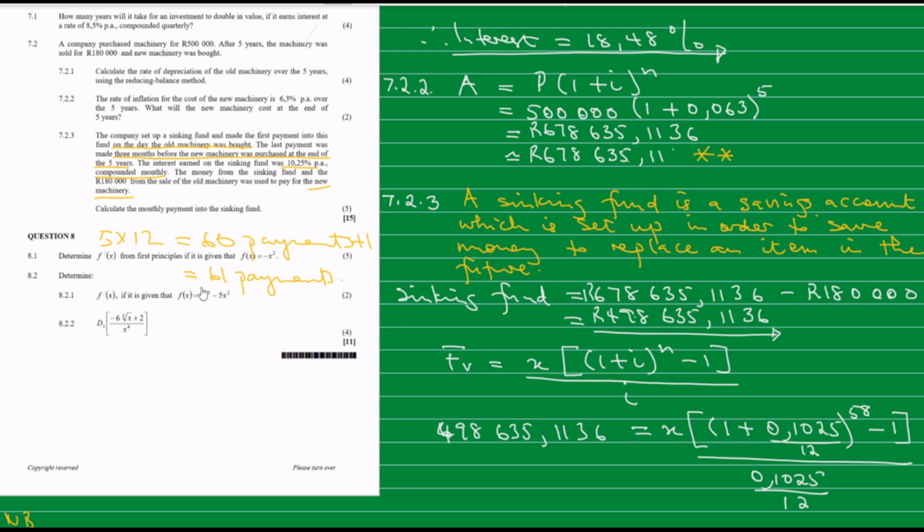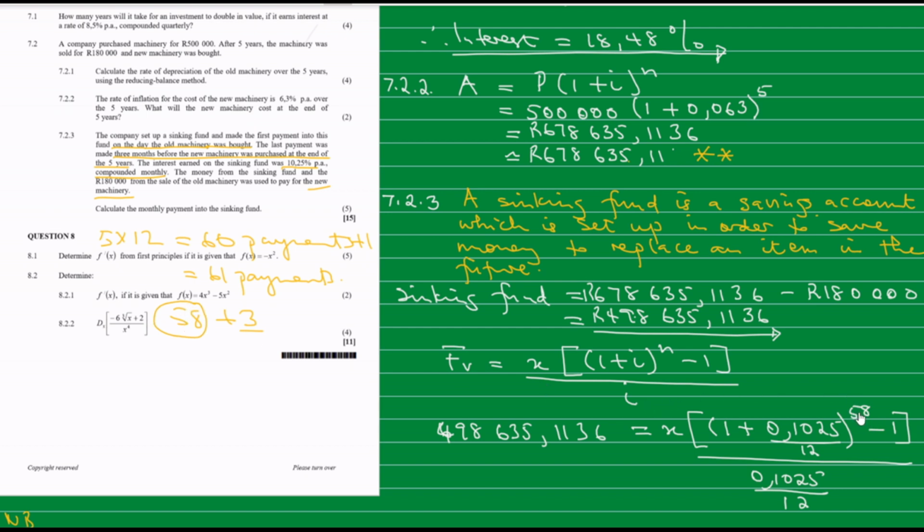We made 58 payments. That's why I put 58 here. 58 payments plus the 3 payments that we didn't pay regularly. So our total installments were 58.